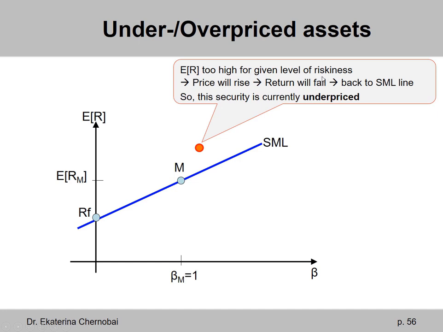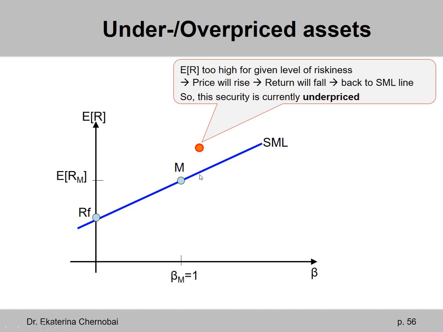So the return will drop, and graphically, the return dropping means we're moving down, straight down, towards the security market line. And eventually, the market will stabilize itself, and the price will rise high enough to make the return fall low enough so that the point reaches the security market line.